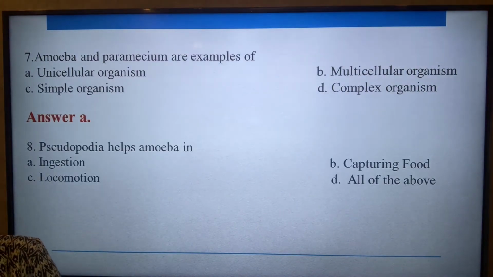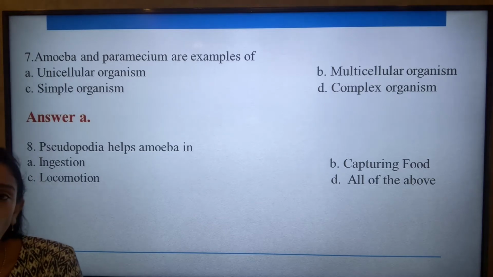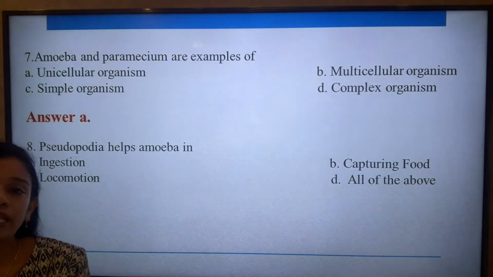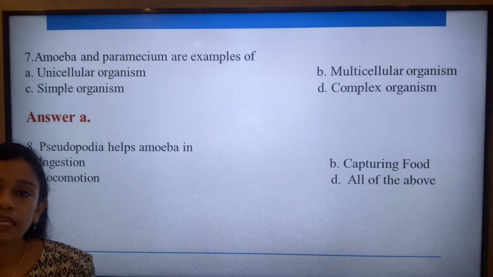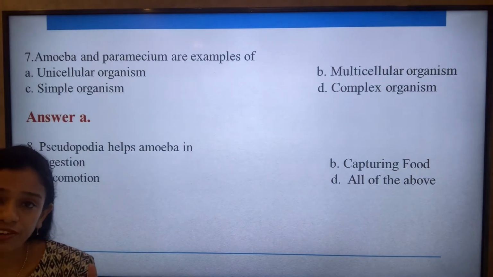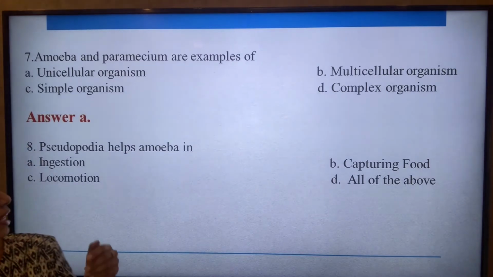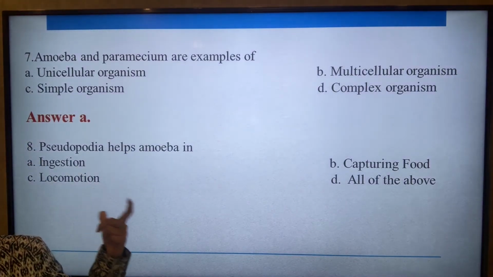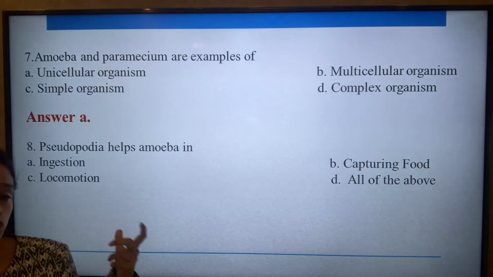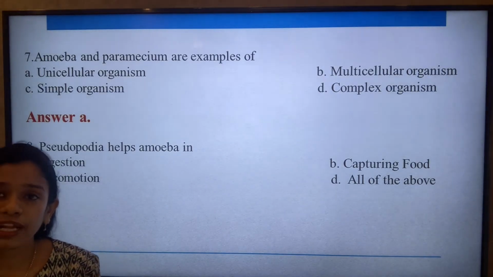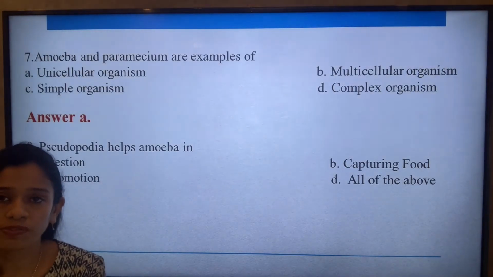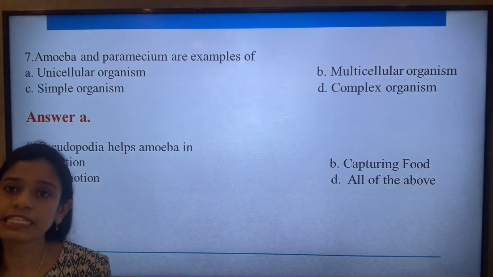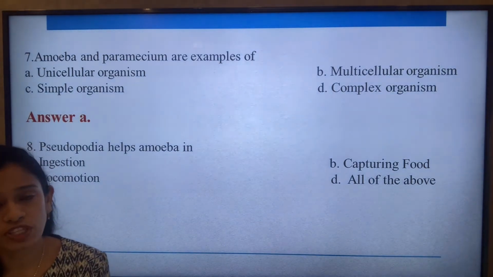Pseudopodia helps amoeba in ingestion, capturing of food, locomotion, or all of the above. We know that pseudopodia is a type of projection created by an amoeba. So the correct option is all of the above, because all of these are functions of the pseudopodia.